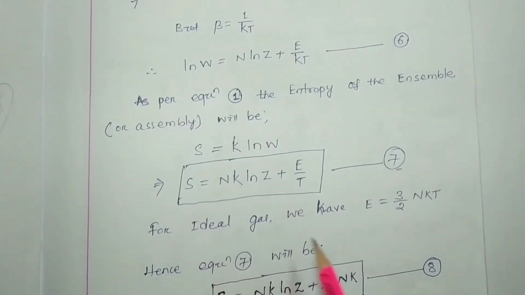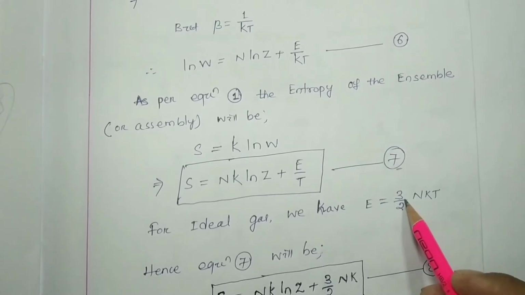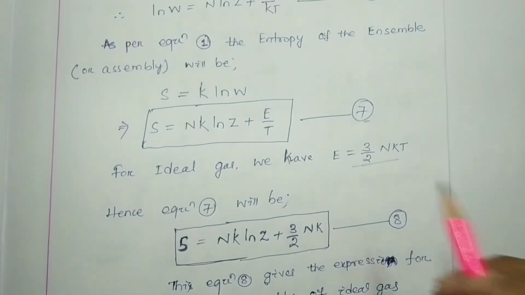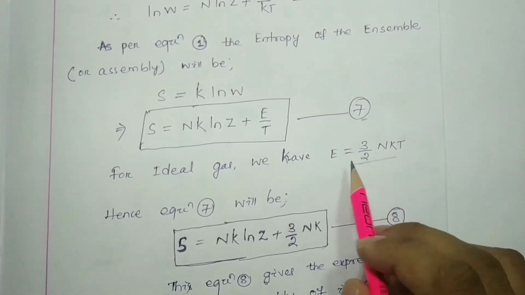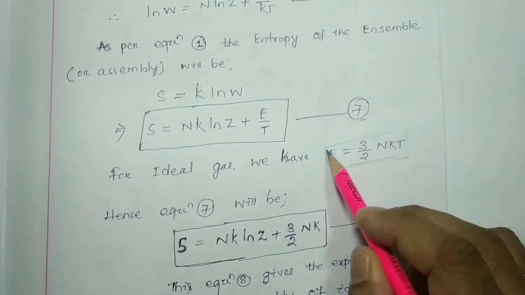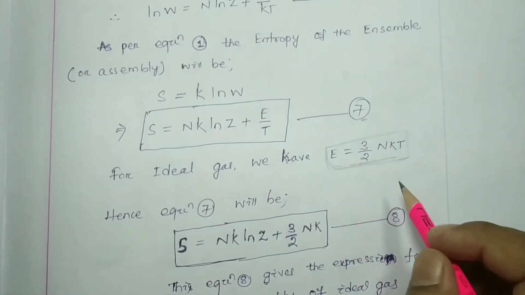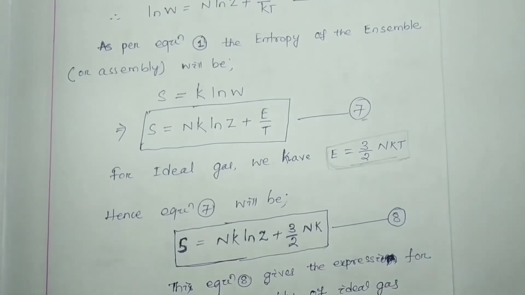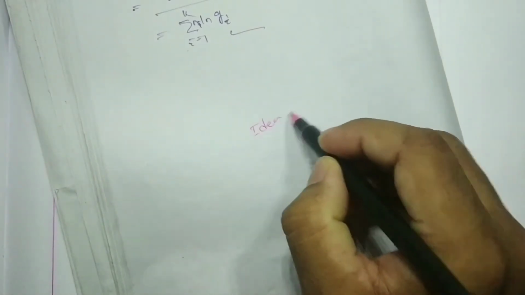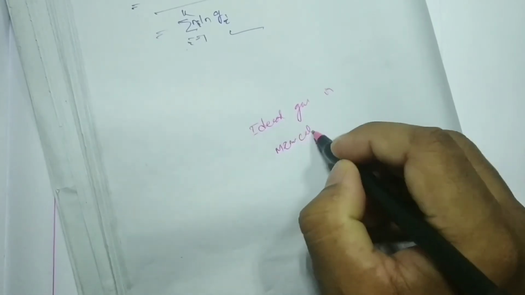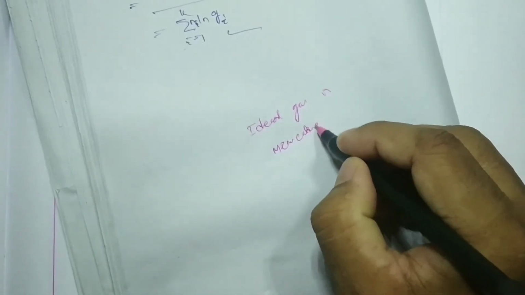For ideal gas, we have E equal to 3 by 2 NkT. Okay, the total energy will be 3 by 2 NkT. This expression can be derived from the microcanonical ensemble, whenever we discuss the perfect gas or ideal gas in the canonical ensemble.